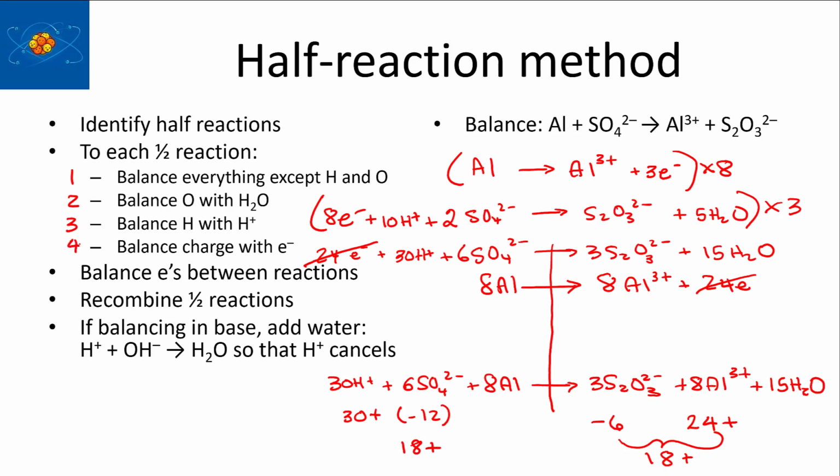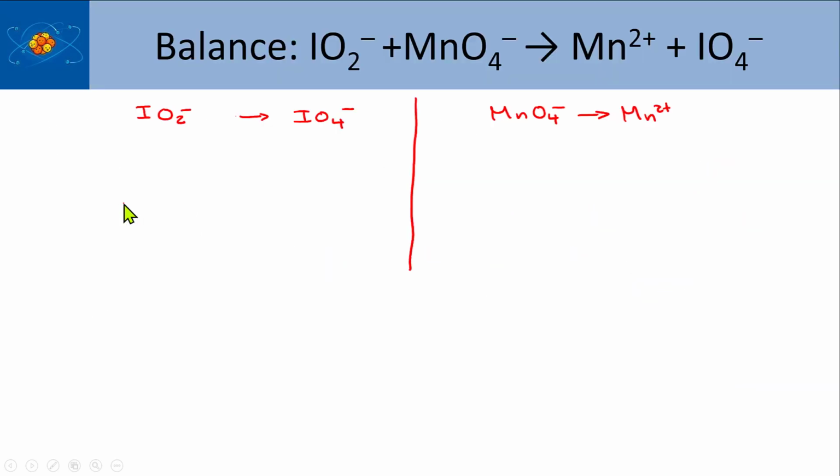And these are the 4 steps that you have to do for each half reaction. So, 1, balance everything except oxygen and hydrogen. And it's already balanced in iodine, so I'm just going to cross that off the list, and then I'm going to go to 2.